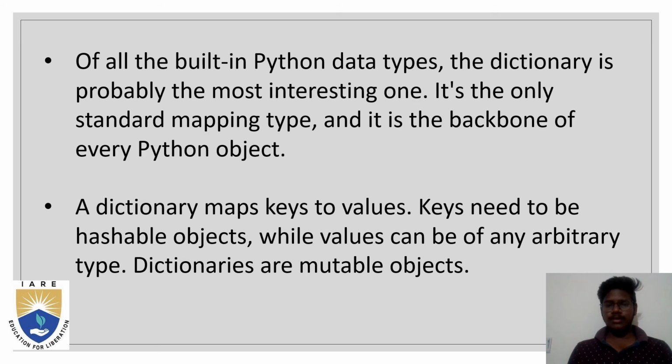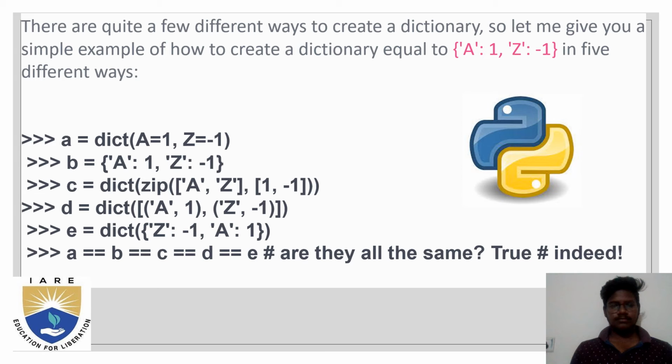Keys need to be hashable objects, while values can be of any arbitrary type. Dictionaries are mutable objects.